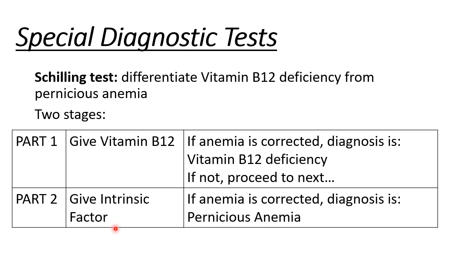In this stage, kapag na-correct na yung ating anemia, ibig sabihin pernicious anemia ang final diagnosis. Because in pernicious anemia, meron kang antibodies targeting intrinsic factor. So, mababa ang levels mo na intrinsic factor in pernicious anemia.